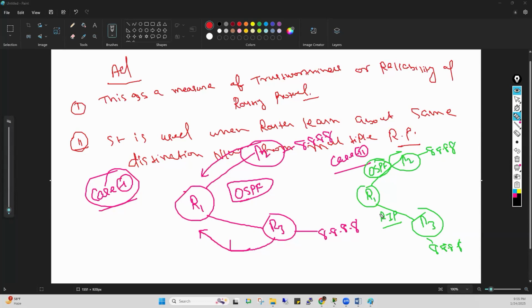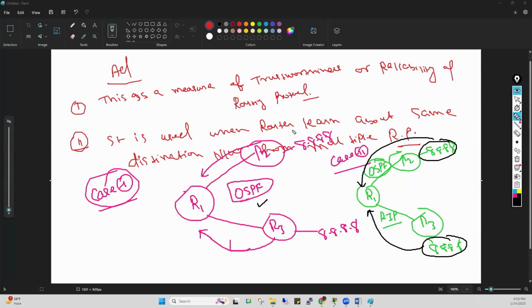So this RIP router also shares 8.8.8.8 information with this router, and router number 2, where you are using OSPF, is also sharing 8.8.8.8 information with this router. That is case number 2. Here you have the same routing protocol, and here you have a different routing protocol.